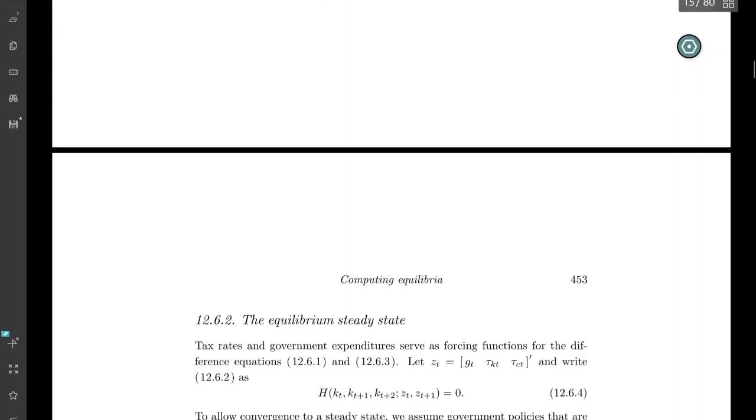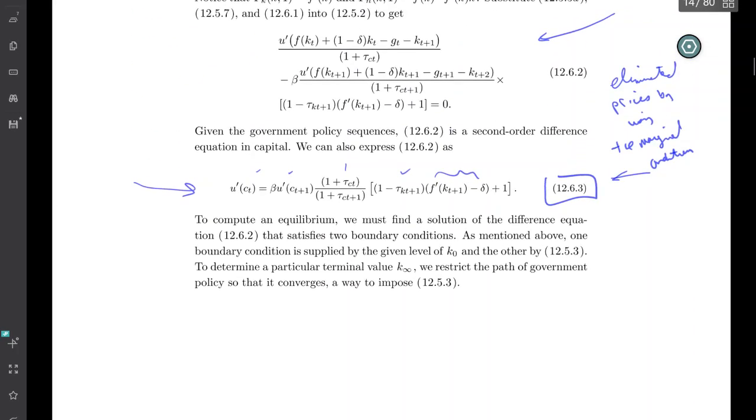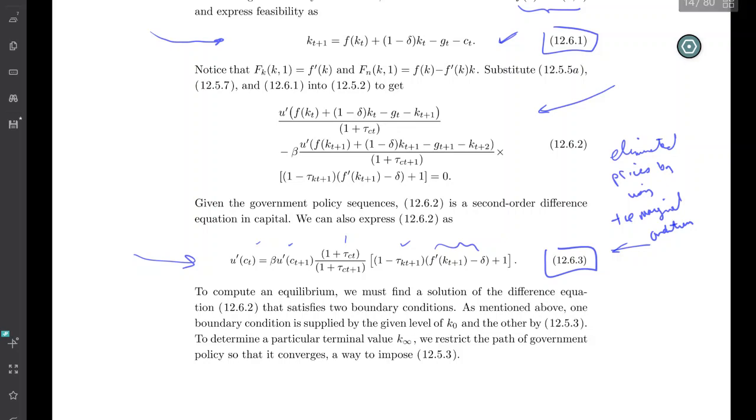Okay. So what we're going to do is solve this using the shooting algorithm. I'm assuming you've seen that, so I'm going to go over it quickly.